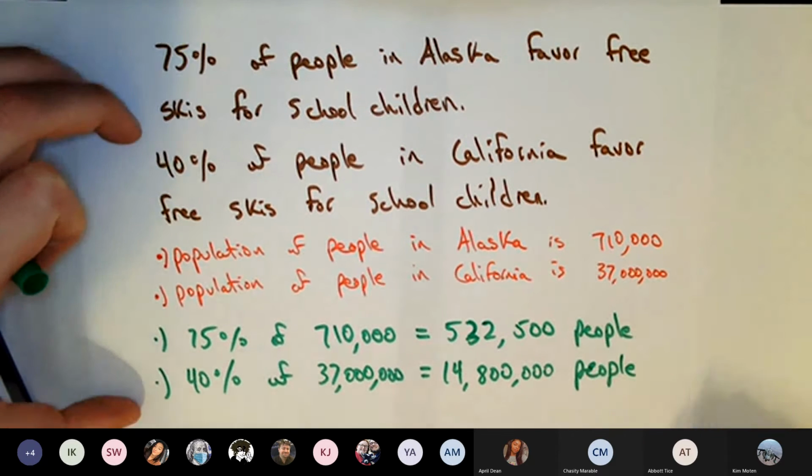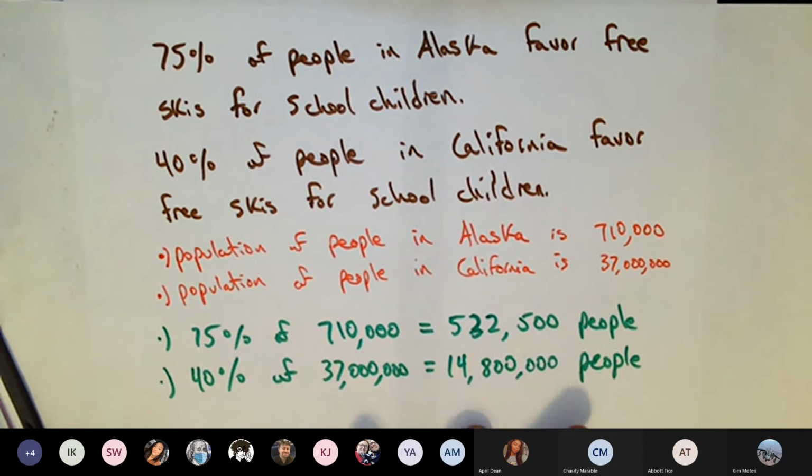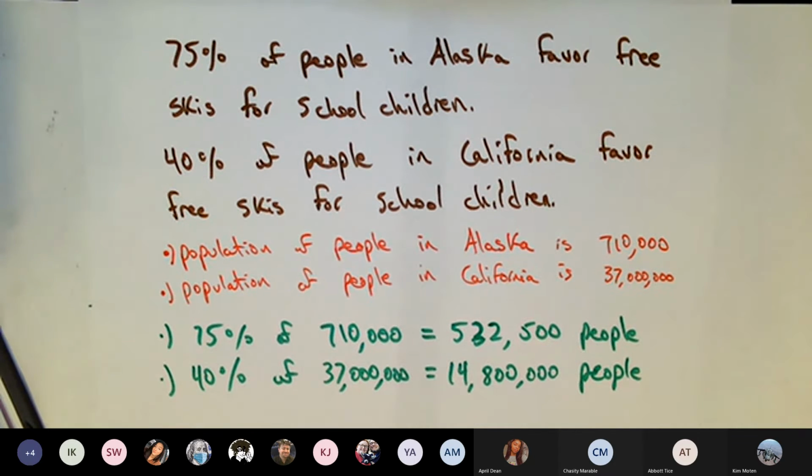Way more people. So what's the point here? The point is that you should be very careful about what your percentage is measuring. If the total is out of people in Alaska versus the total out of people in California, then maybe these percents don't tell you as much as you think they do.